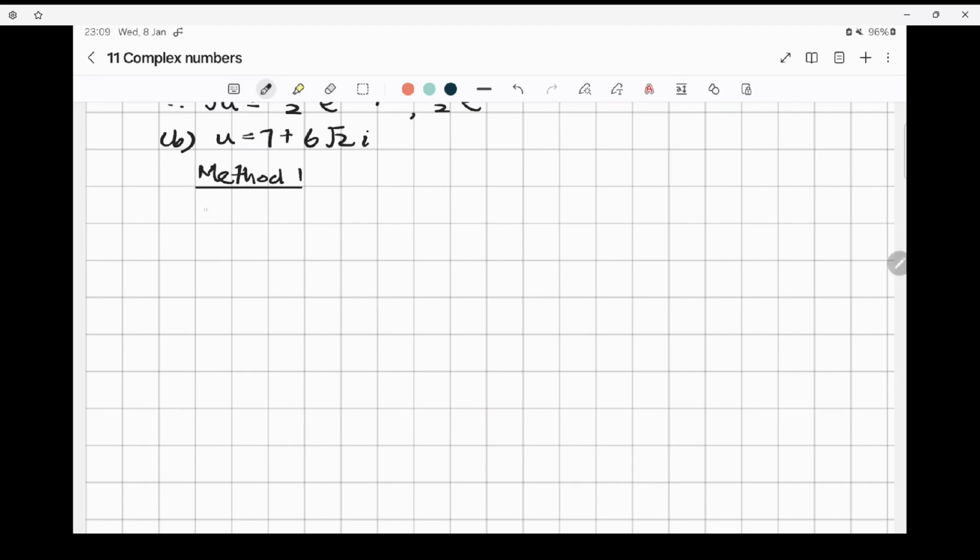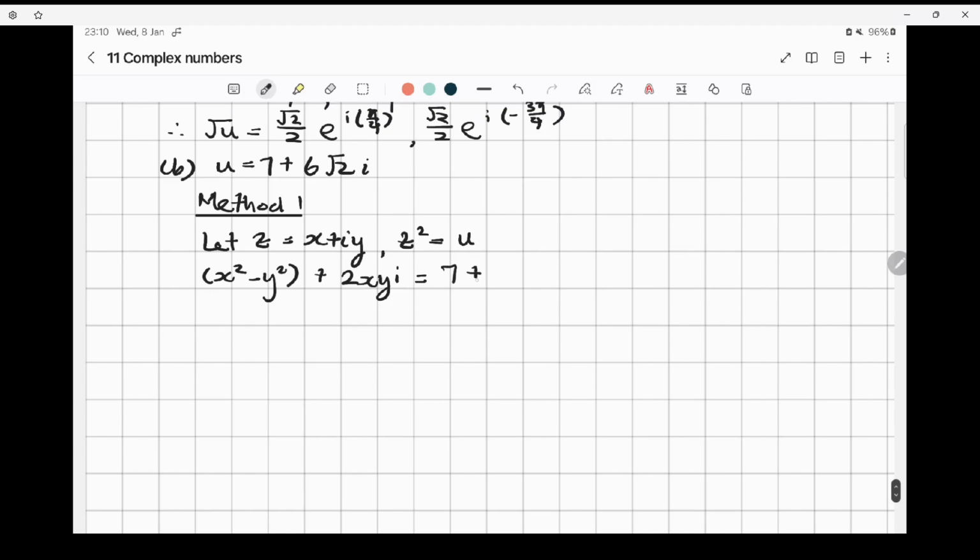So you let z be x plus iy and z squared be u. So x squared minus y squared plus 2xyi equals 7 plus 6 root 2 i.